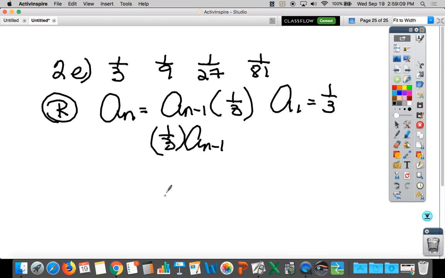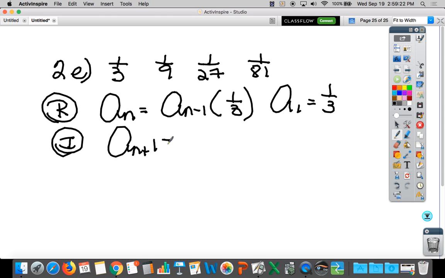It doesn't matter as long as it's multiplication, it's commutative. The inductive would have been what? Either before or after, it doesn't matter. Always be sure and tell me that a sub 1 equals 1/3.